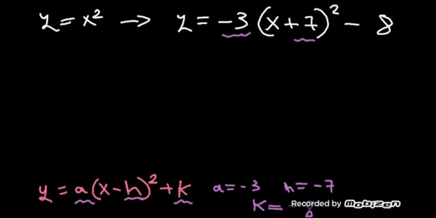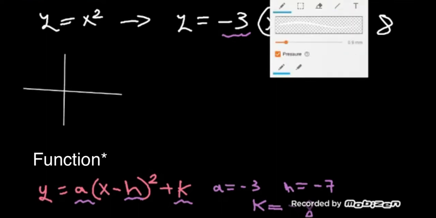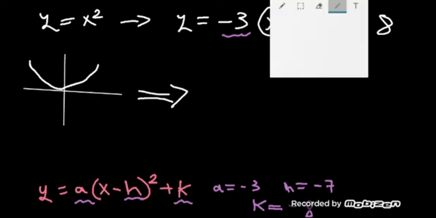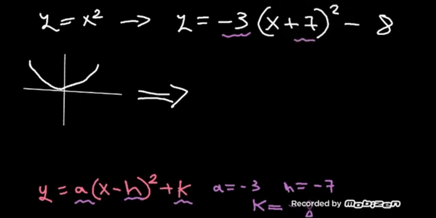So let's graph this first function first so we can see how it looks. We know this is a quadratic function, so it should be something like this. And simply what we do next is to see how it's transformed. So we draw the x-axis and the y-axis.